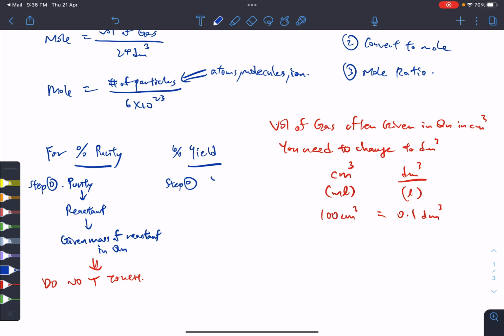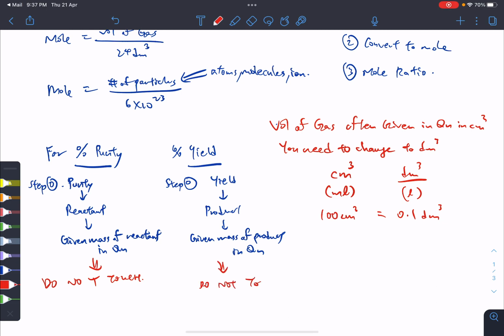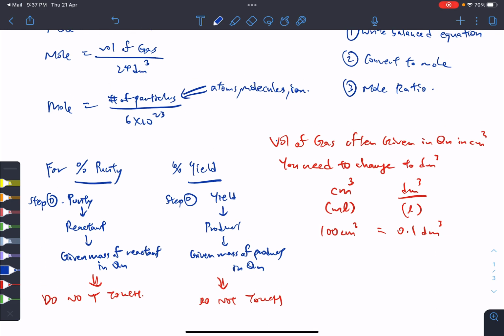Same thing here. Yield refers to product, which means the given mass of product in the question, same thing. Do not touch.